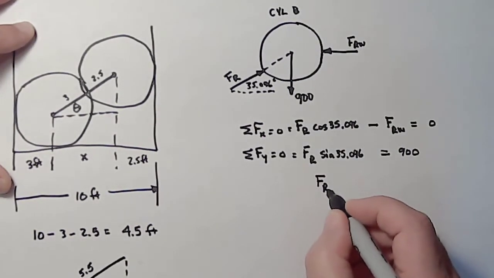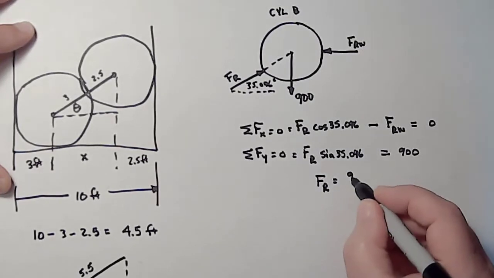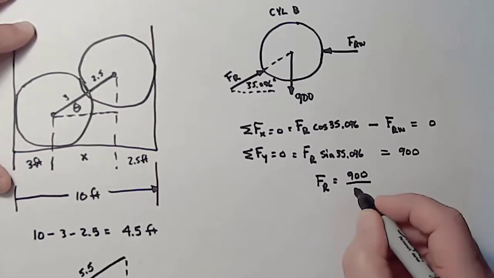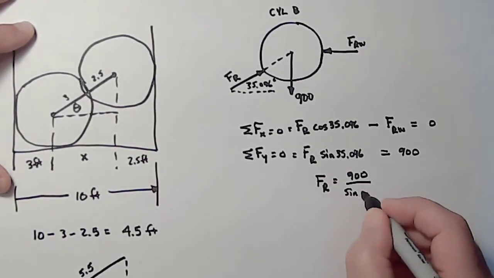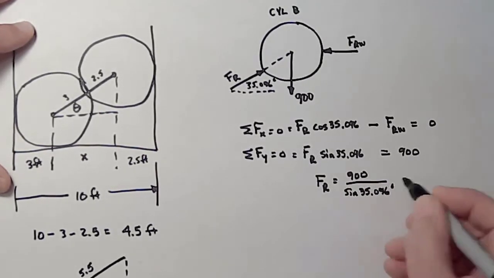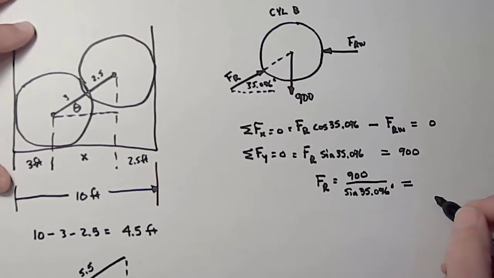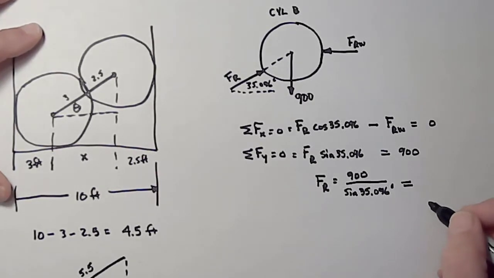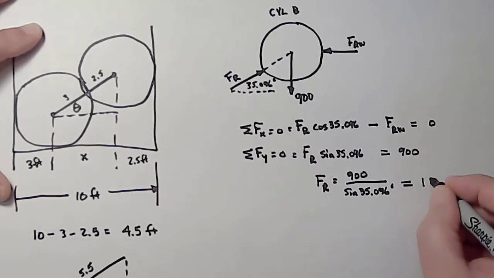FR equals 900 over the sine of 35.096 degrees. And my roller force is 1,565 pounds.